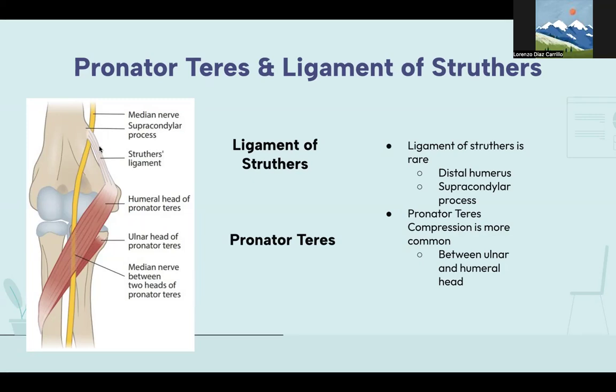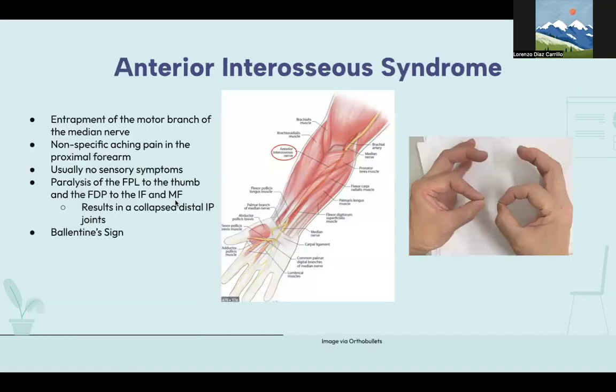While uncommon, this can be a compression site, and as it's a rare ligament, it's not something you necessarily want to count out. But it's just an interesting rabbit hole and shows how anatomy can vary from person to person. But yeah, let's look into the next one.